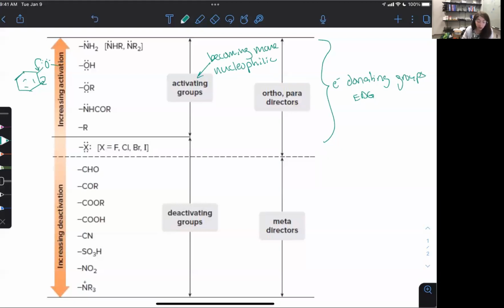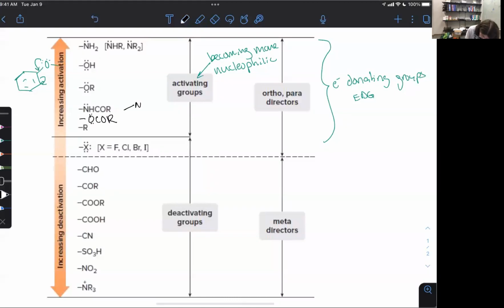The other one that is not in here, but I think that it should be, is esters. Keep in mind that when you have an ester attached to the benzene ring, you've got that oxygen that still has a lone pair and can still donate in. The reason these are not quite as activating as up here is because of what these look like.